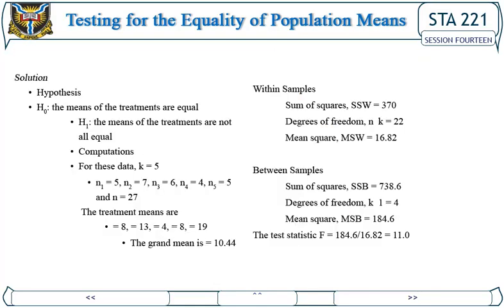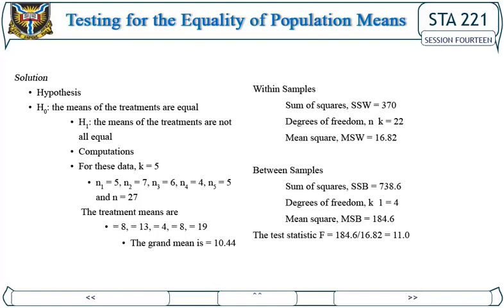Solution. Hypothesis. H0: the means of the treatments are equal. H1: the means of the treatments are not all equal. Computations. For this data, k equals 5, n1 equals 5, n2 equals 7, n3 equals 6, n4 equals 4, n5 equals 5, and n equals 27.